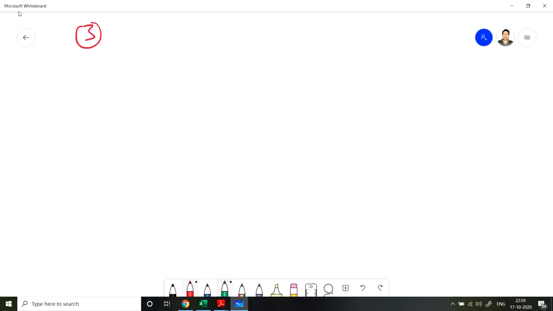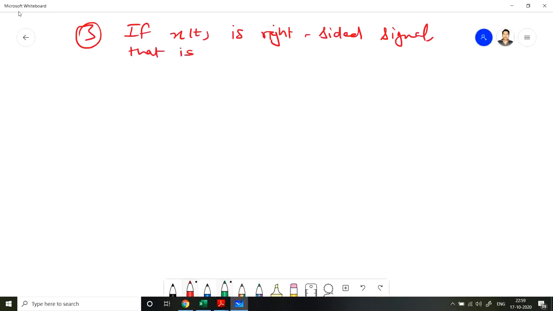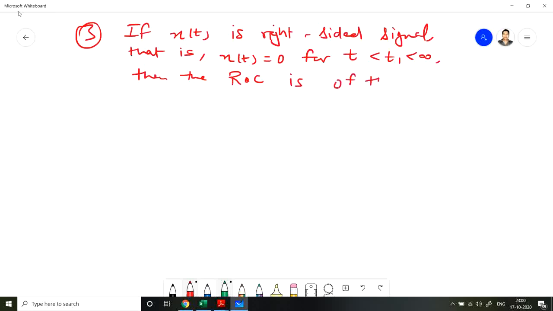So the next property is: if x(t) is a right-sided signal, that is, x(t) equals 0 for t less than t1 less than infinity, then the ROC is of the form real part of s greater than sigma max.